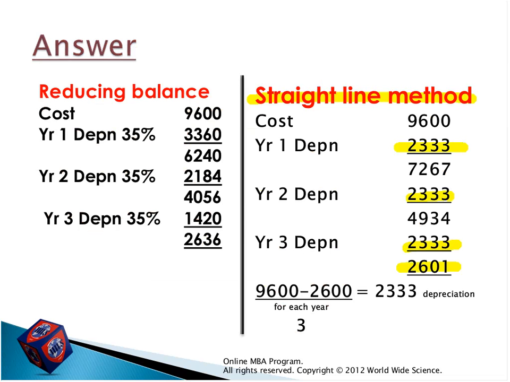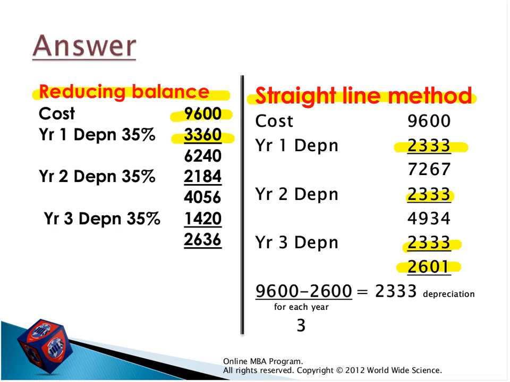That's good. For the second one, you have already given me that, that's okay. What about the reducing balance method? So we have original cost 9,600 multiplied by 35%. You get the 3,360, which is the depreciation expense.